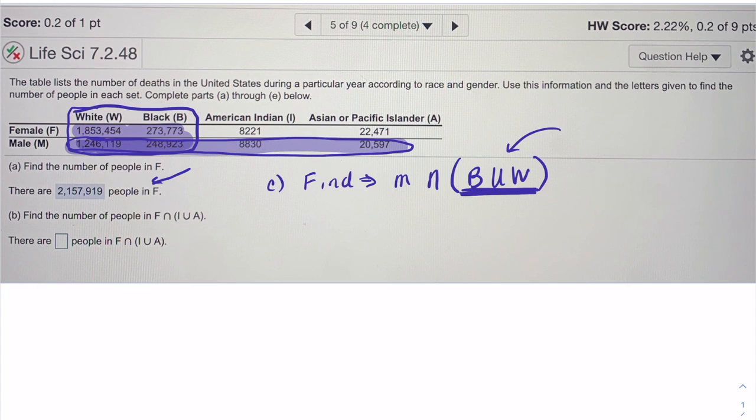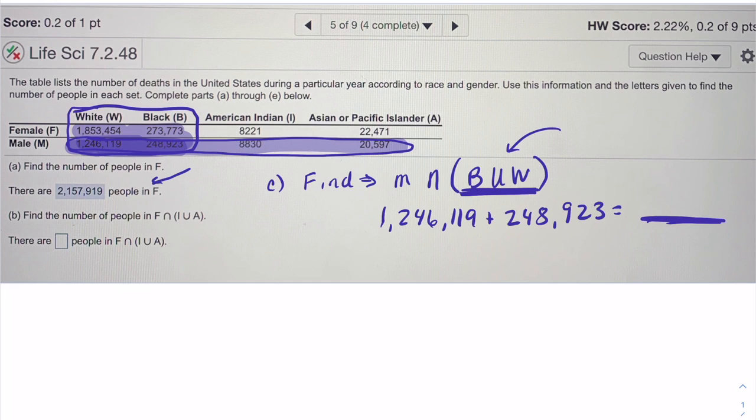And so my answer is going to be all of these people here. So the answer is going to be 1, 2, 4, 6, 119 plus 248, 923. And then whatever that equals is going to be my answer. And I think that should be a good enough hint as to how you're going to do this next problem.